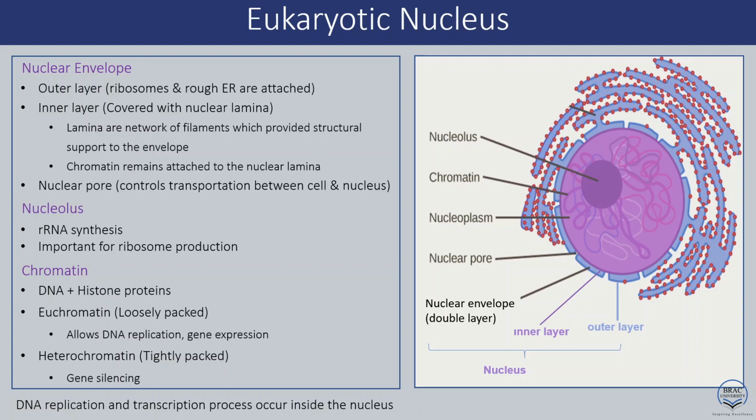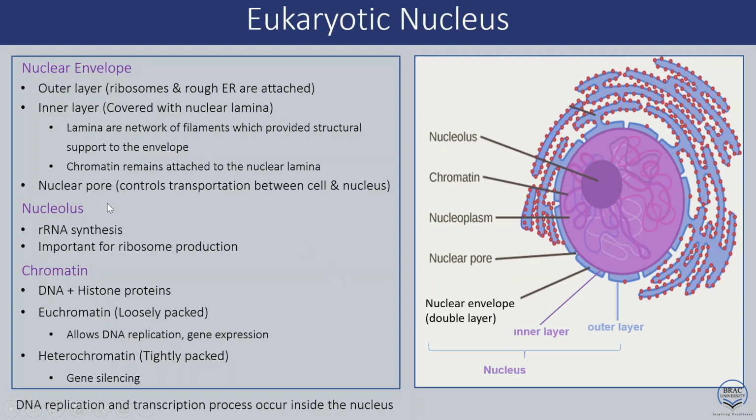That means it helps maintain the shape of the nuclear envelope, and the lamins also have a special function in organizing the chromatin. Lamins are attached to the inner layer, so they hold chromatin, and when needed they can interact with the chromatin.